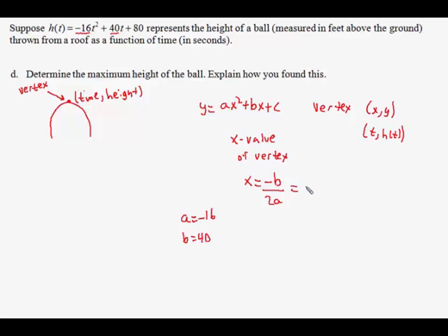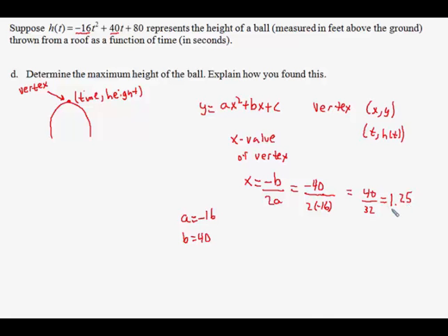So the opposite of b, which is negative 40, and then divide that by 2 times a, where we already said that a was negative 16. So you can do this on a calculator if you need to. Two negatives, when being divided, make a positive, and you'd have 40 divided by 2 times 16 is 32. So 32 goes into 40 one time with 8 left over, so you'd have 8 32nds, or 0.25.